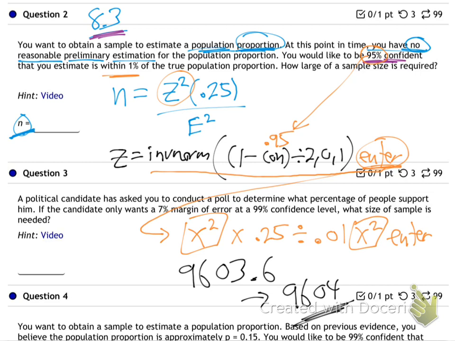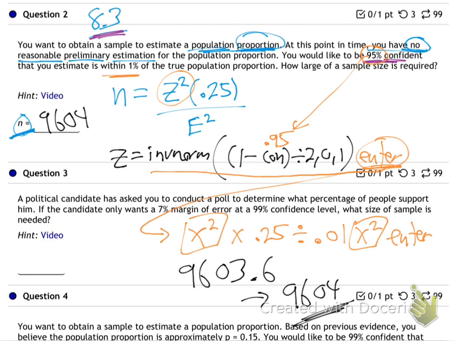Is that coming out for you? I noticed also that sometimes I was working with somebody last time, and it wasn't taking the right answer. We tried typing in 9604, and it said no, and then we typed in 9603, and it said yes. Remember this is free software, so some of the programming is off.